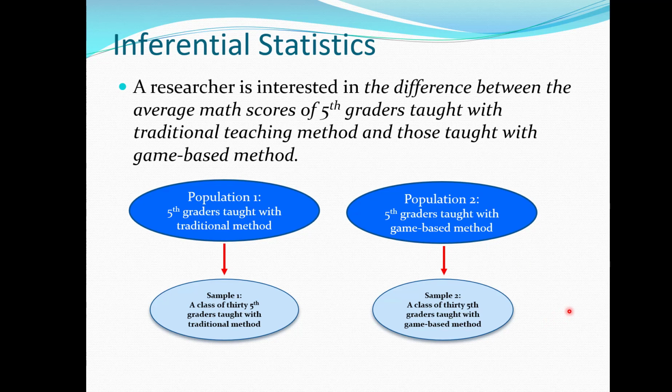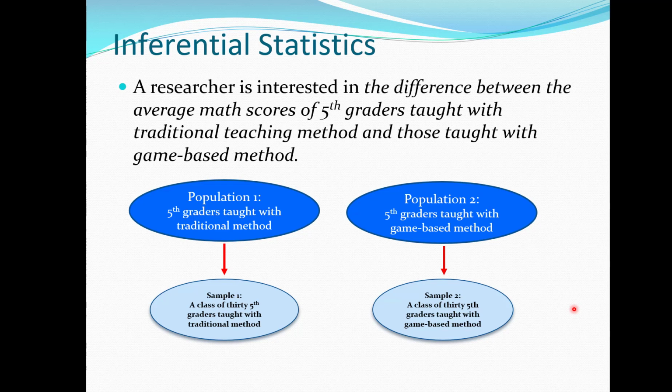If we use some of those terminologies we talked about in descriptive statistics, we know that the average math scores for sample 1 and sample 2 can also be called statistics because these average math scores are calculated from the samples. And we also know that the average math scores for population 1 and for population 2 can be called parameters because they are characteristics of populations.